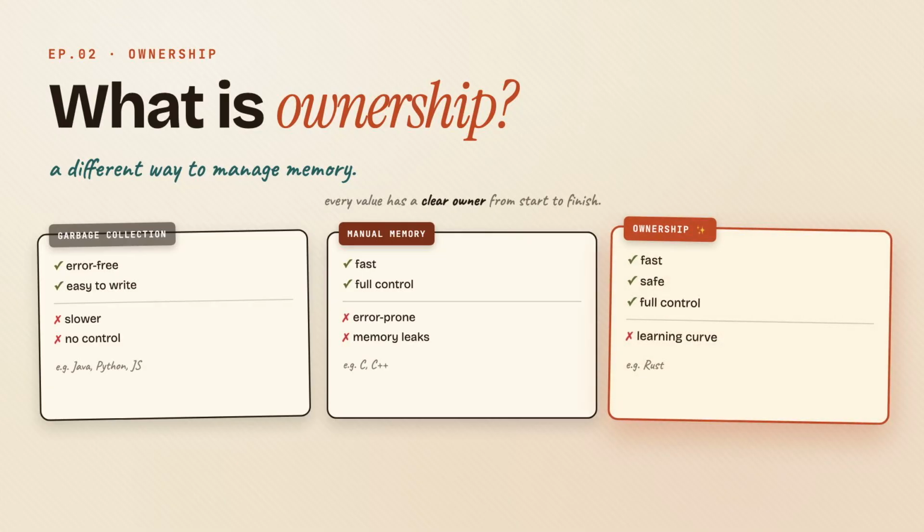Rust picks a different way to manage memory. The compiler enforces rules at compile time, which is fast and safe. But it's also a learning curve. Well, that's ownership. Now let's see where the data actually lives.